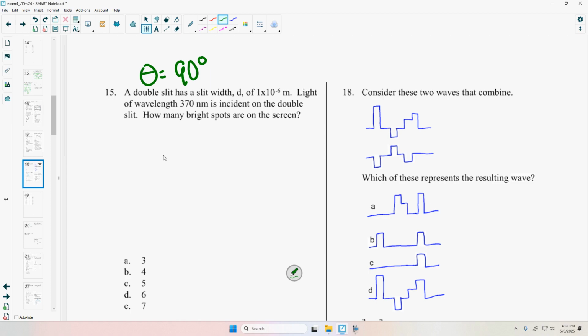All right, so I want to set that equal to 90, and I say d sine theta equals m lambda. That's 1 times 10 to the minus 6. Sine 90 is 1. M is what I'm solving for. I'm going to divide this by lambda, 370 times 10 to the minus 9. What is that equal to?